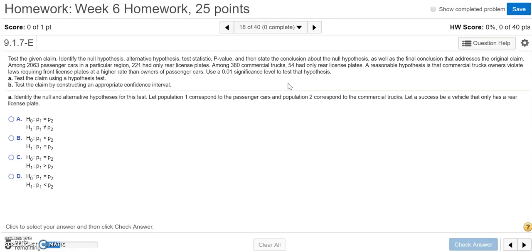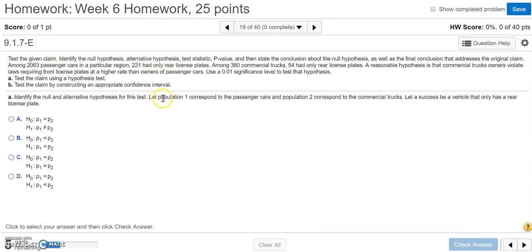These are the people not obeying the law requiring the front license plate. The claim is that the commercial truck owners are violating the laws at a higher rate than the owners of the passenger cars. So the proportion for the commercial trucks should be higher than the proportion for the passenger cars.